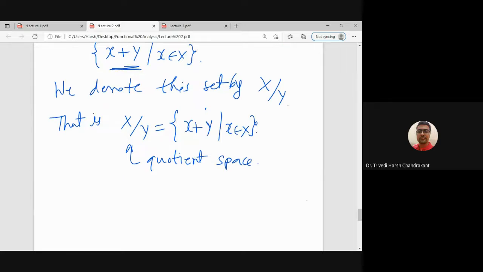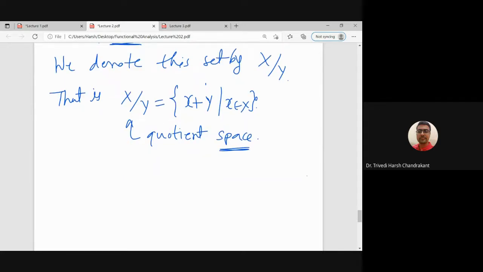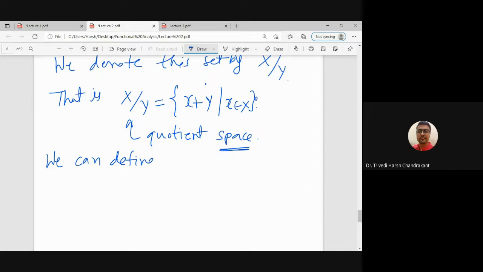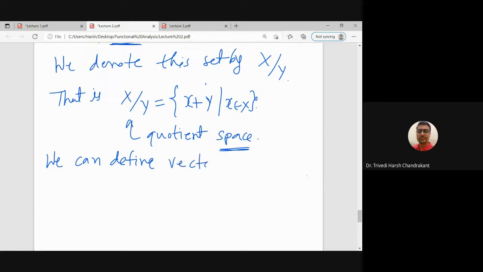So why is it called a space? Because it is a vector space, and we can define vector space operations.